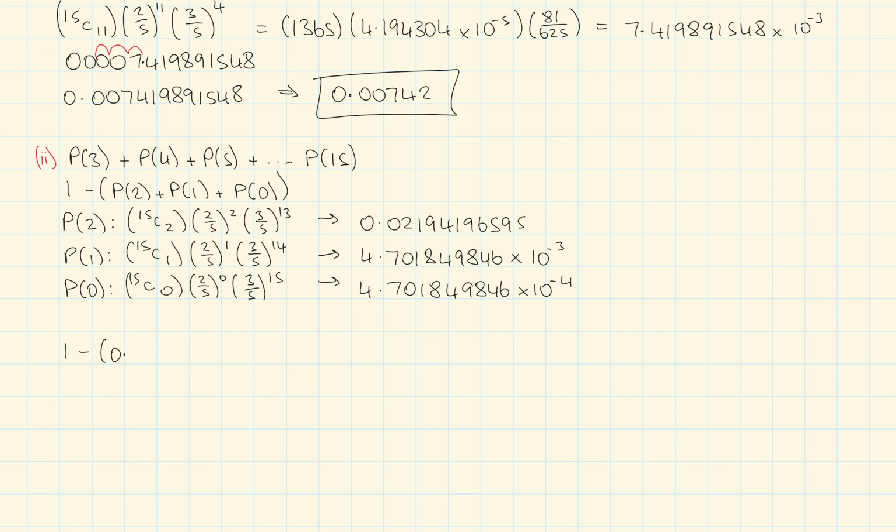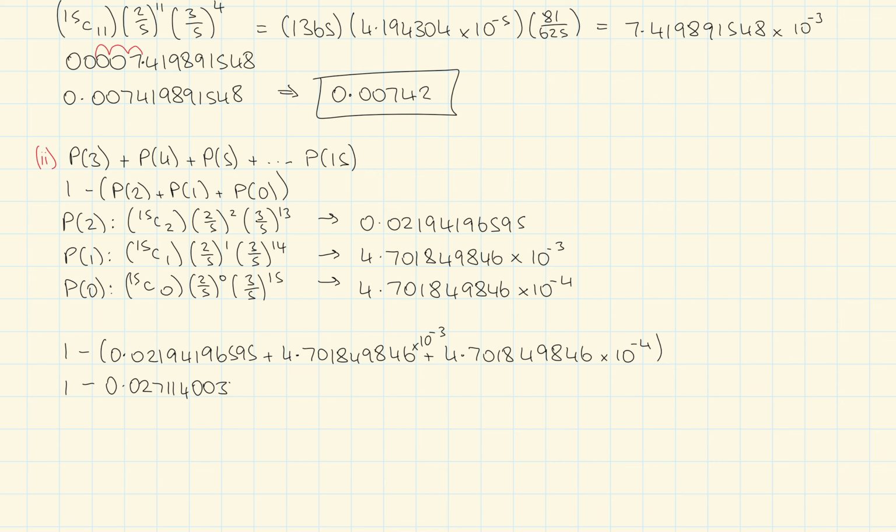So it'll be 1 minus 3 of these added together. So we get 0.02194196595 plus 4.701849846 by 10 to the power minus 3 plus 4.701849846 by 10 to the power minus 4 gives 0.02711400378.